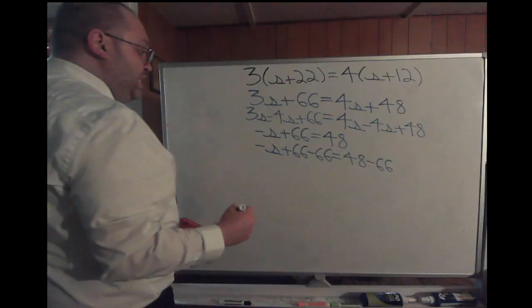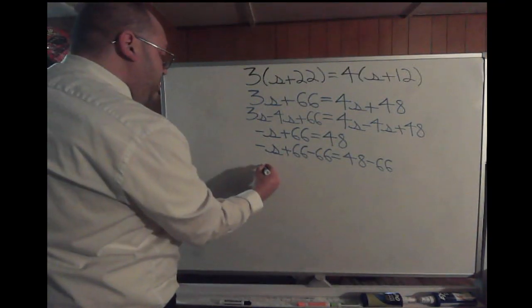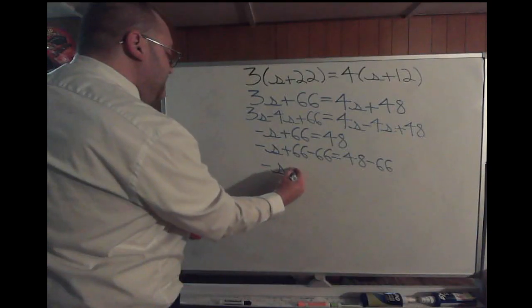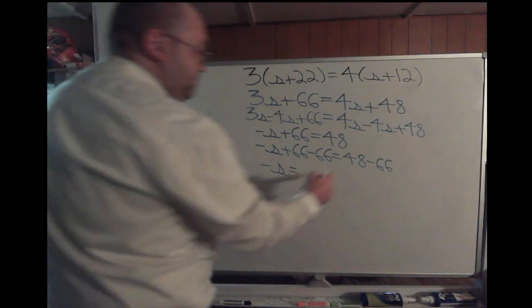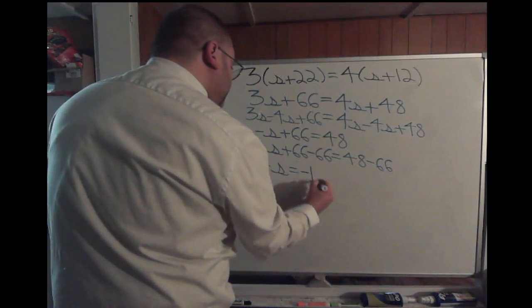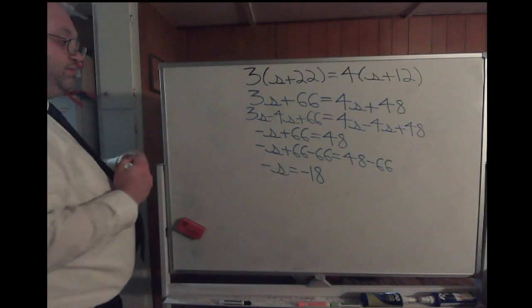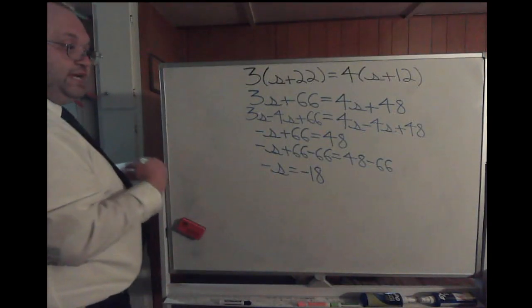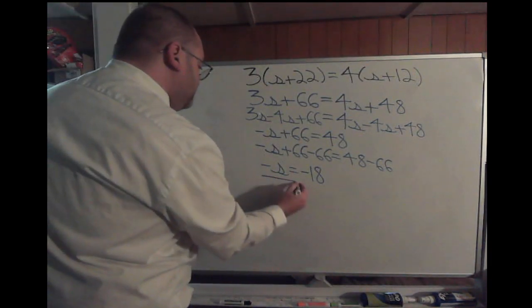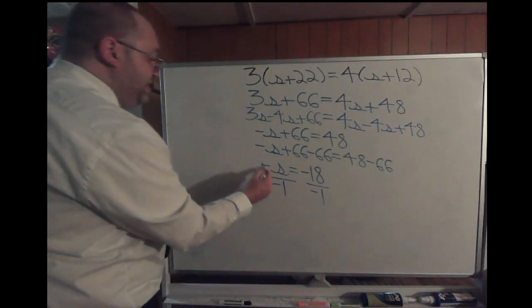Alright. So now on the left side, 66 minus 66, that's 0. You're just left with negative S all by itself, equal to the right side, that 48 minus 66, well, that's negative 18. So you have negative S equal to negative 18. Well, we got negative S. We want to solve for just plain old S. So you got to divide both sides by negative 1. Left side, negative 1's cancel out.